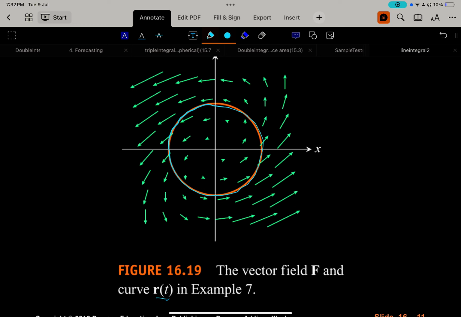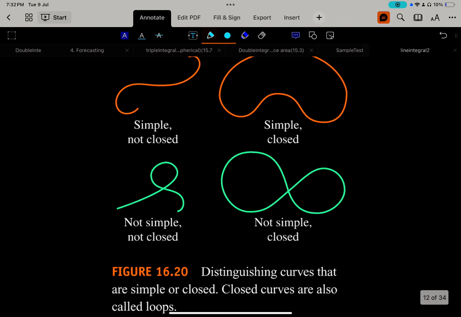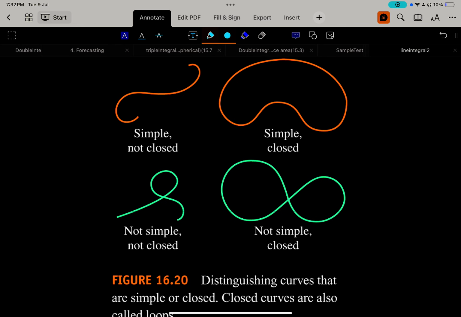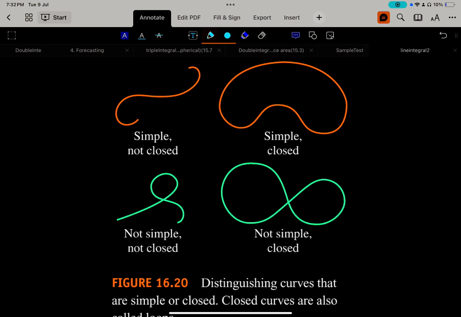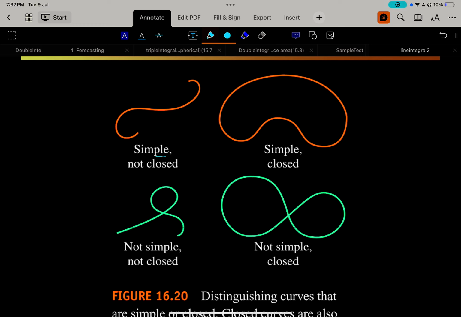Now we're going to cover vector fields. Here we have a circle, the curve r of t, and we can see the vector field in green. As you can see, there are also different kinds of curves. There are curves that are simple but not closed, and curves that are both simple and closed.